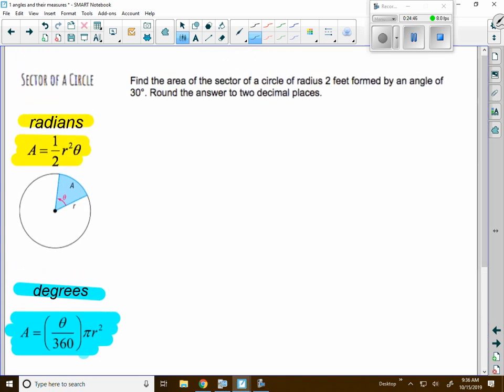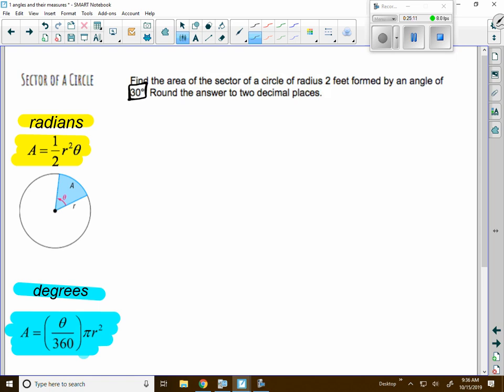So look at our question. It says find the area of the sector of a circle of radius 2 feet formed by an angle of 30 degrees. Which formula am I going to use? Radian or degree formula? What am I given? Degrees.